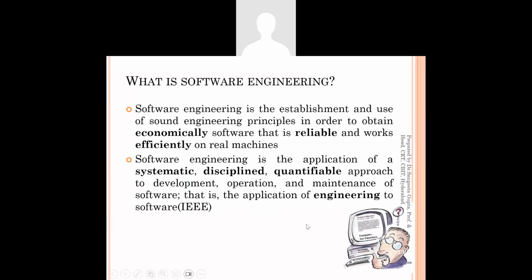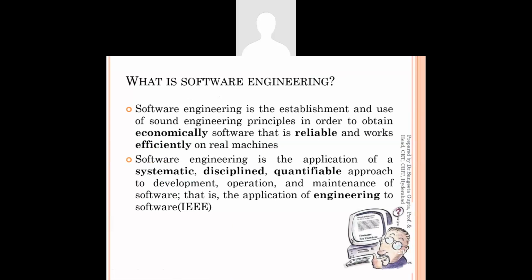To talk about the definition of software engineering, it is said to be the establishment and use of sound engineering principles in order to obtain economically software that is reliable and also that works efficiently on real machines.